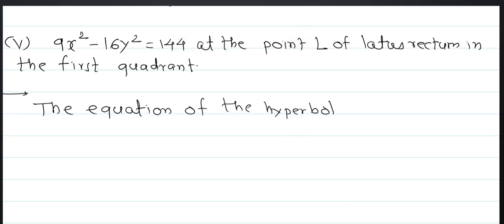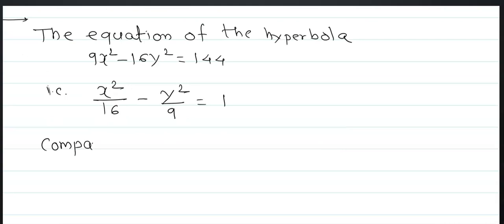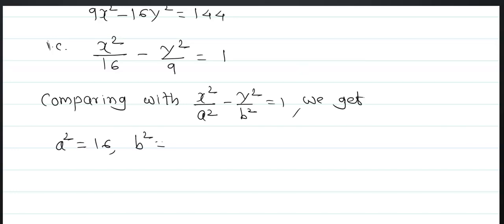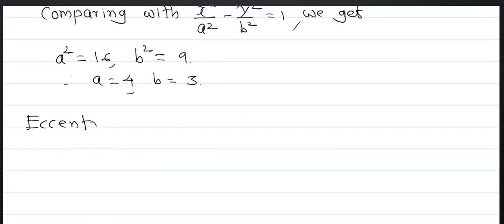The equation of the hyperbola 9x² minus 16y² is equal to 144. x²/16 minus y²/9 is equal to 1. a² is equal to 16, b² is equal to 9. We get a² is 16, b² is 9, a is 4, b is 3.